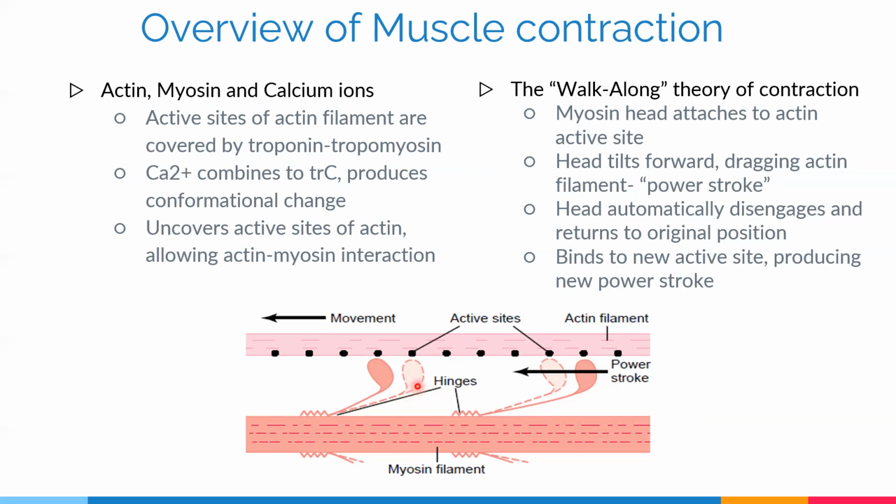Once the rowing is done, the oar returns to its original position to repeat the process. Next, the myosin cross bridge binds to a new active site and produces a new power stroke. And with these subsequent power strokes, the actin filament slides along the myosin filament.